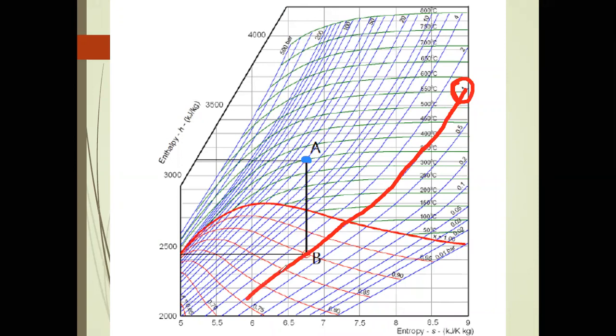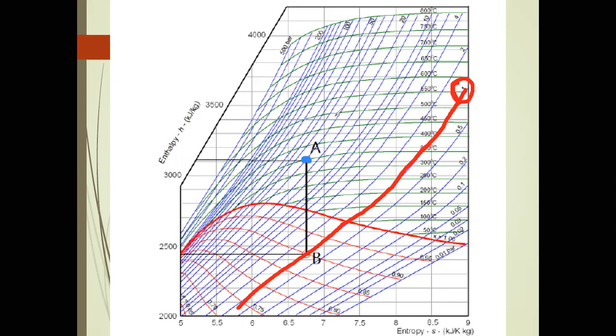But my students, the interesting thing is that we have only one piece of information. What is the other information? The other information is the same entropy of SA and SB. That means the entropy of the A point and the entropy of the B point will be the same.